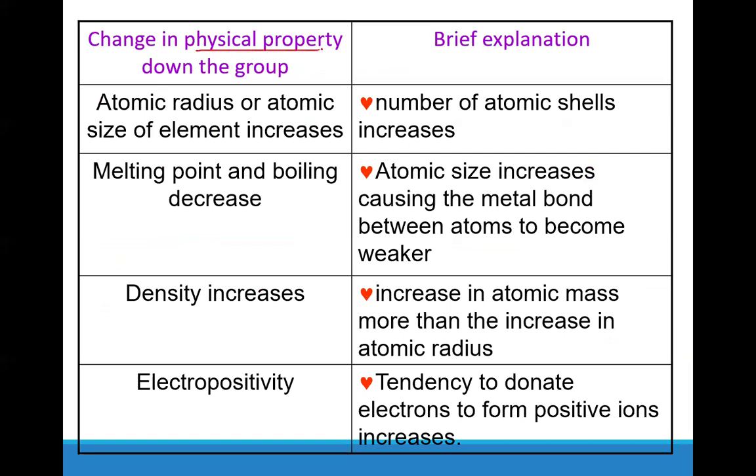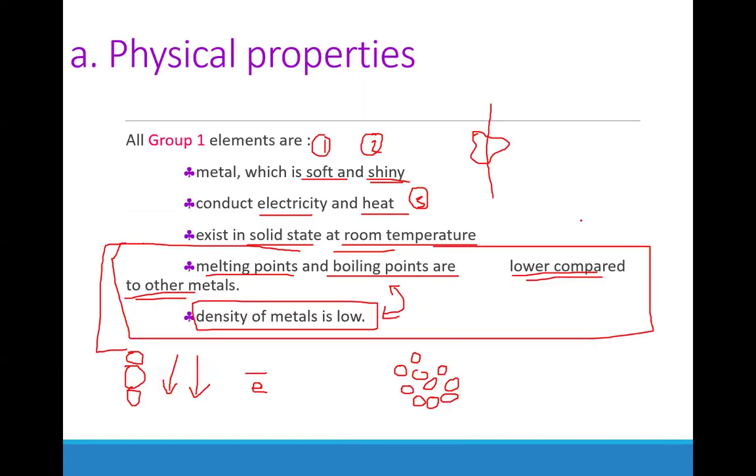That's what you should really know for all groups that we study in the periodic table. So if we talk about the trends in the physical properties, the trends basically show you how the properties vary as you move down the group, right?